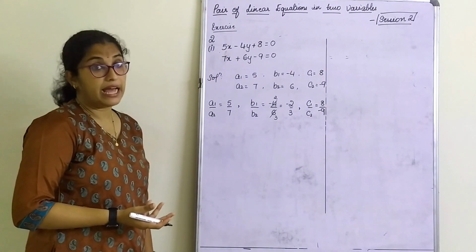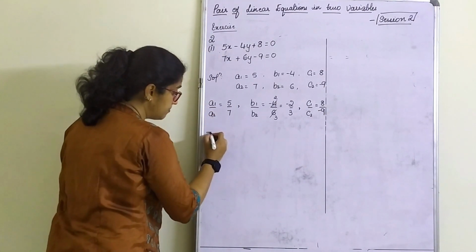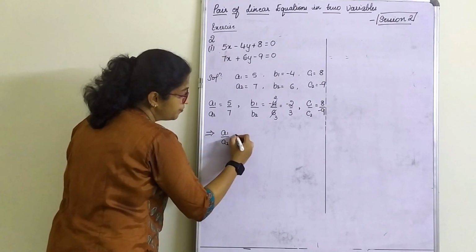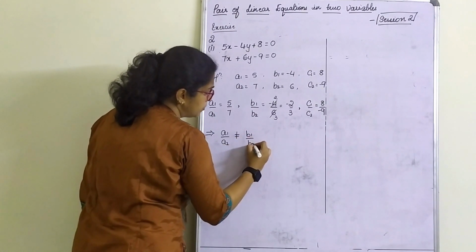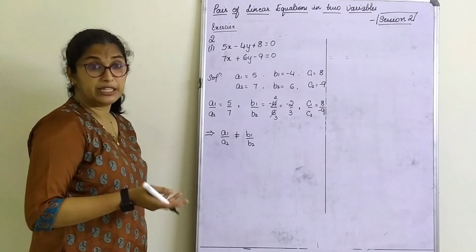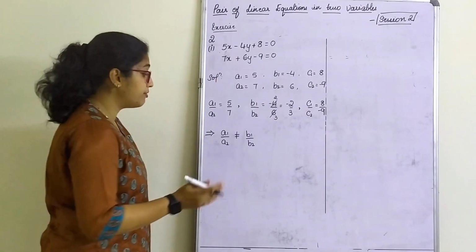It is to be kept as it is. Cannot do anything. From the given equation, this implies what? A1 by A2 is not equal to B1 by B2. Since A1 by A2 is not equal to B1 by B2, C1 by C2 doesn't matter at all. You need not even write this.